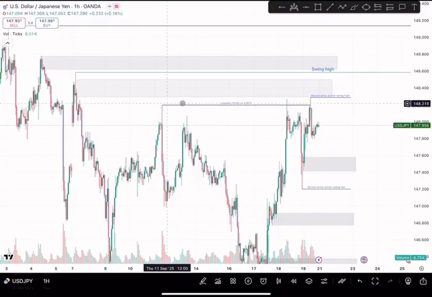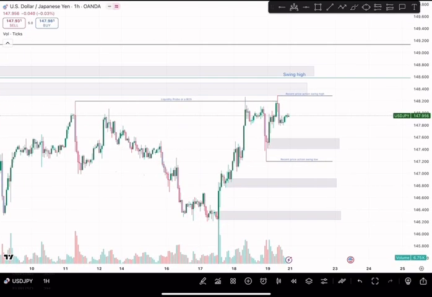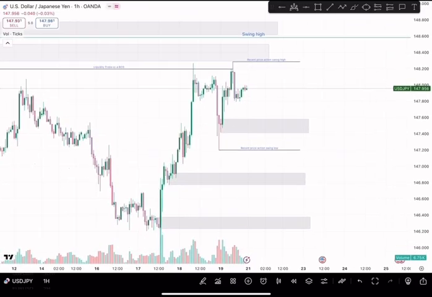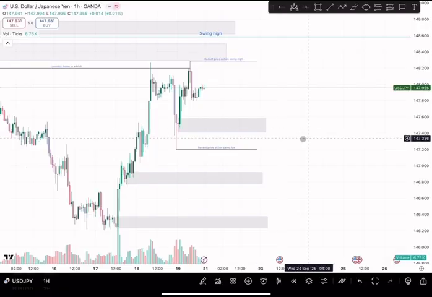We have two supply areas marked out and three demand areas marked out as well, because we're dealing with this leg of price action currently.